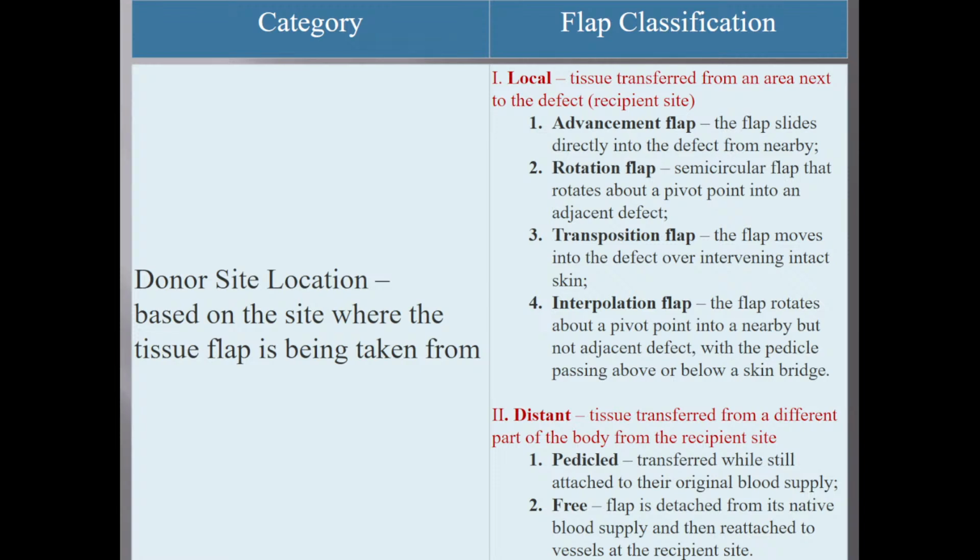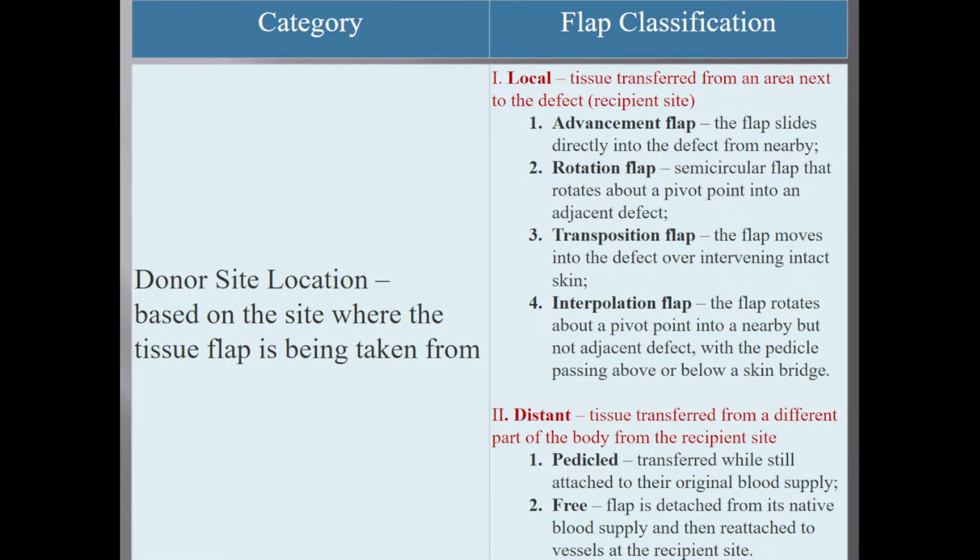They can be: advancement flap, where the flap slides directly into the defect from nearby; rotation flap, a semicircular flap that rotates about a pivot point into an adjacent defect; transposition flap, where the flap moves into the defect over intervening intact skin; and interpolation flap, where the flap rotates about the pivot point into a nearby but not adjacent defect, with the pedicle passing above or below the skin bridge.